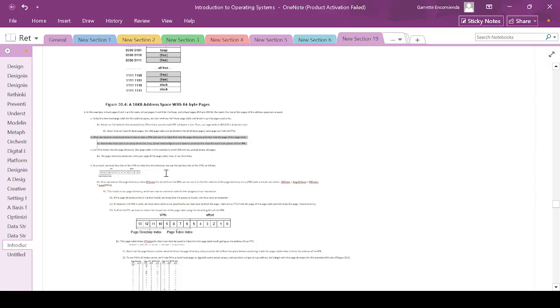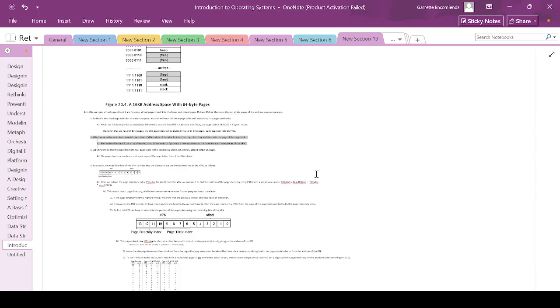What we need to understand now is how to take a VPN and use it to index first into the page directory and then into the page of the page table. Remember that each is an array of entries.